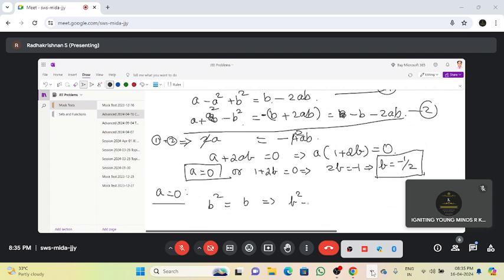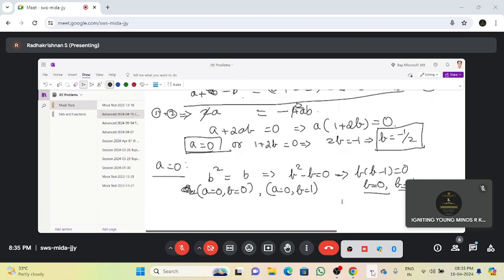That means b square minus b equal to 0. b equal to 0, b equal to 1. There are two possibilities. That means when a equal to 0, b can be 0, b can be 1. This is another possibility. So we already got two roots now: a equal to 0, b equal to 0, and a equal to 0, b equal to 1.